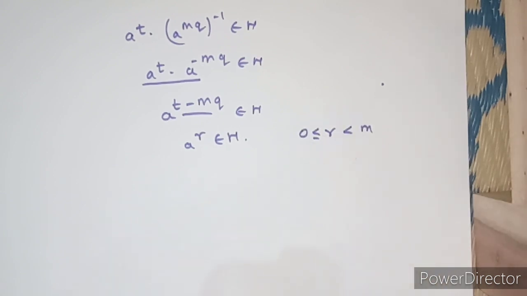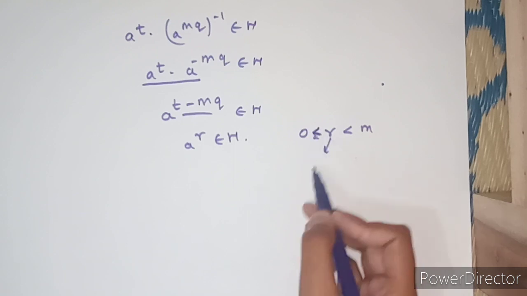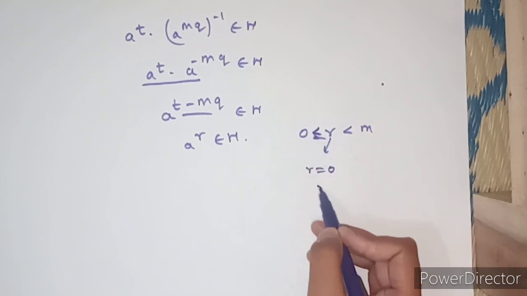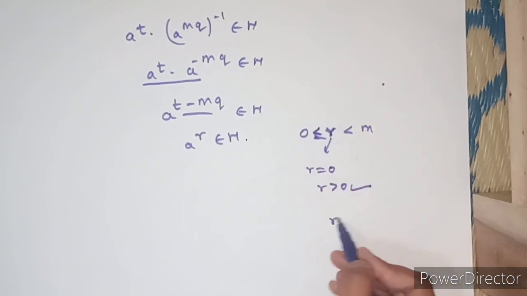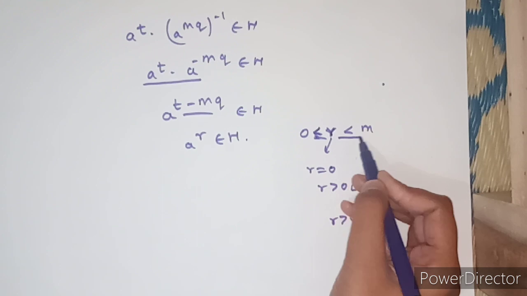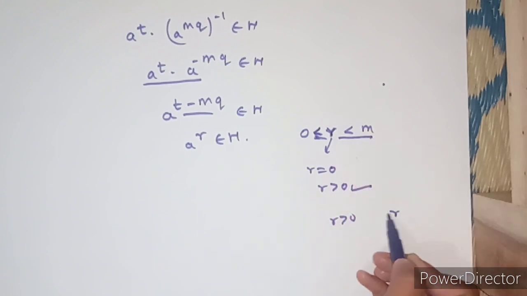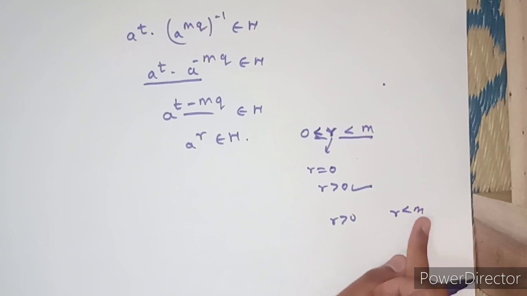So we have considered m as a positive integer, right? Here r is equal to 0 or r is greater than 0. If r is greater than 0, then r will be less than m. That means we have considered a^m as the least positive power, and here we are getting a smaller integer than m, right? So this contradicts our assumption that m is least positive.